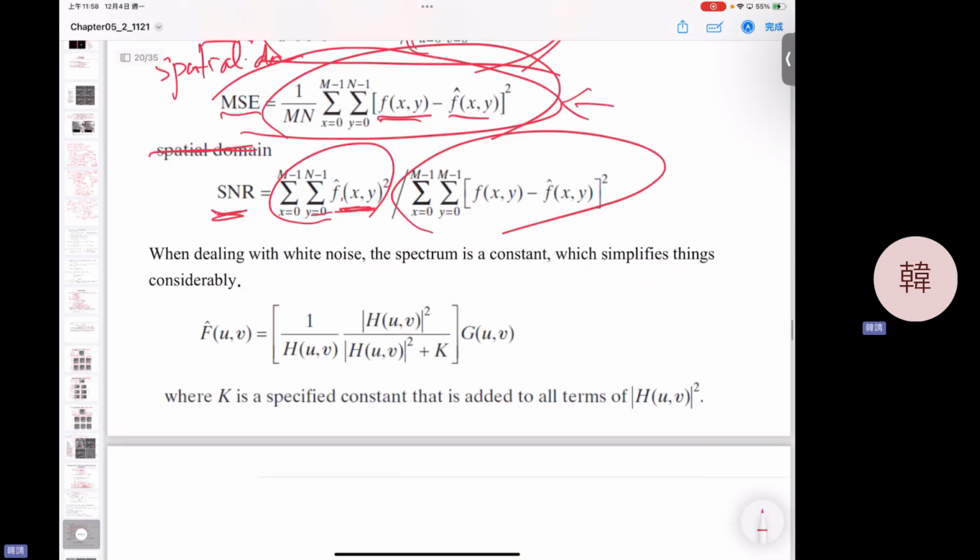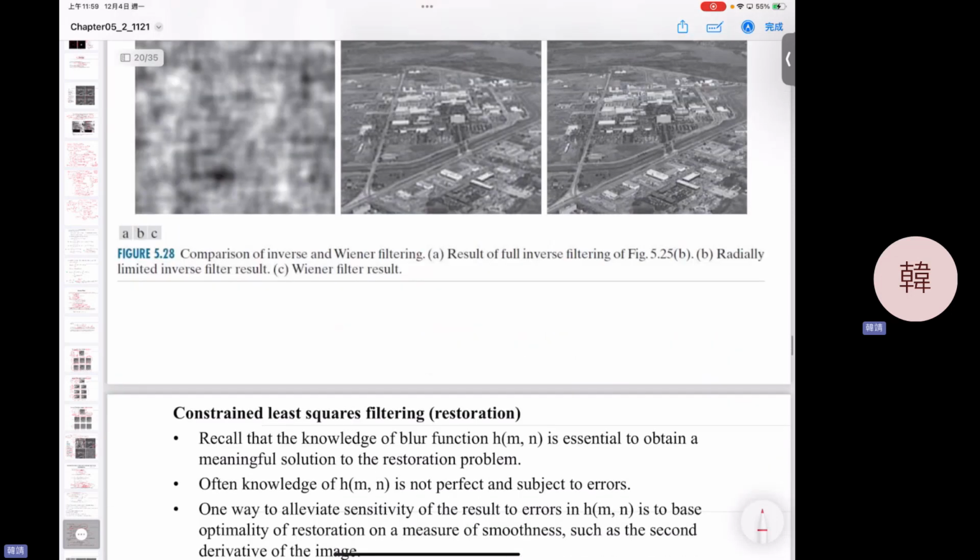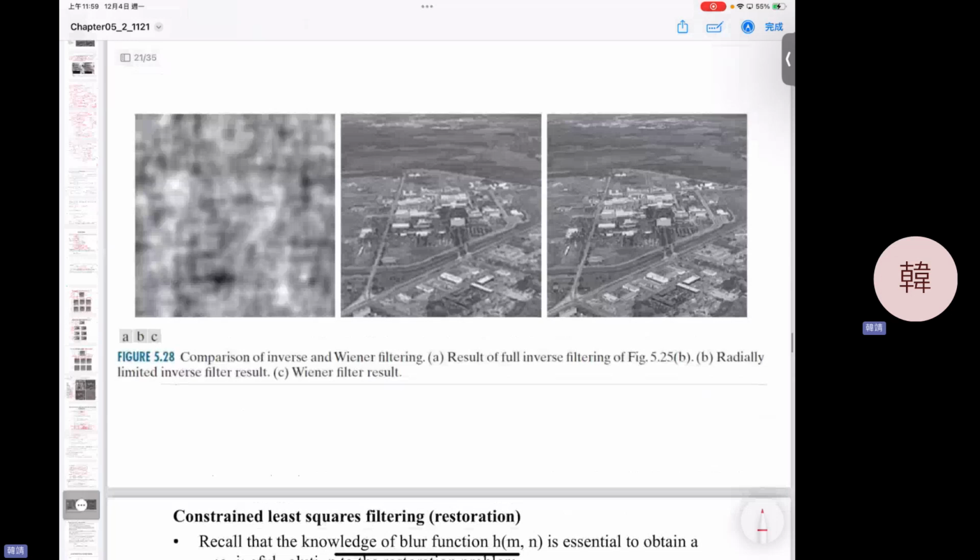And how do we do that? This is the final result. Actually, we do this for a parametric Wiener filter. You can see there's some constant over there. It's not exactly the inverse filter, but they pop up some value there. Why can we do that? The result is much better. We will not get this inverse filter result, it becomes like this, much better. This is the Wiener filter result. And you can use a radially limited inverse filter, with an even better result.